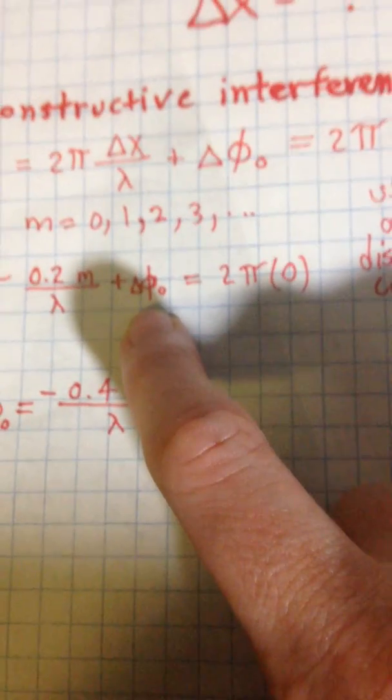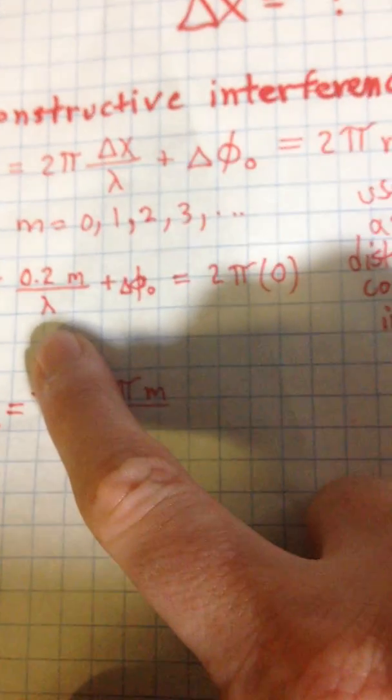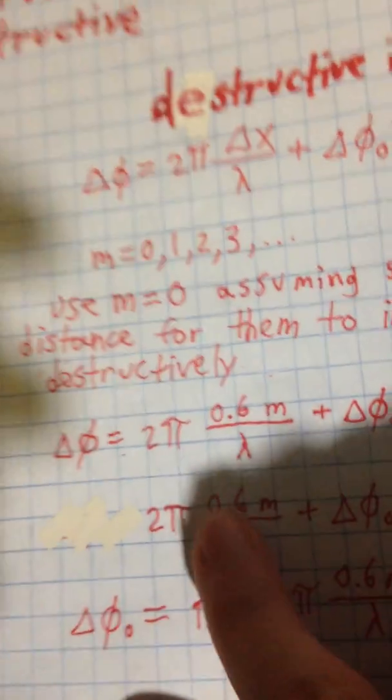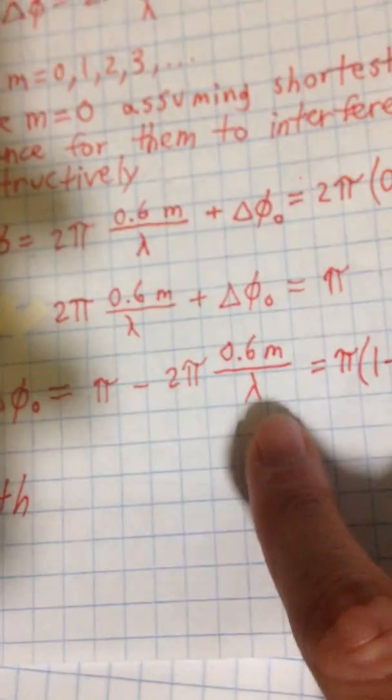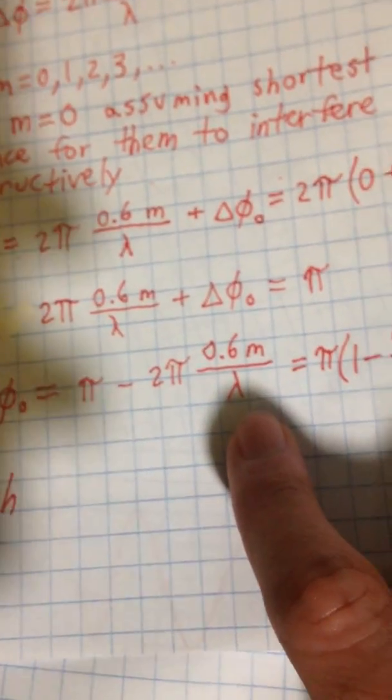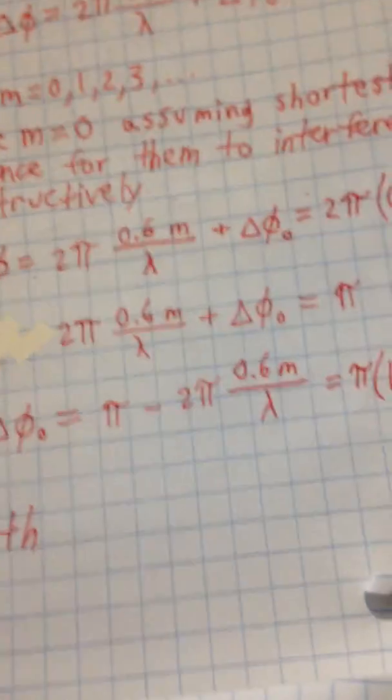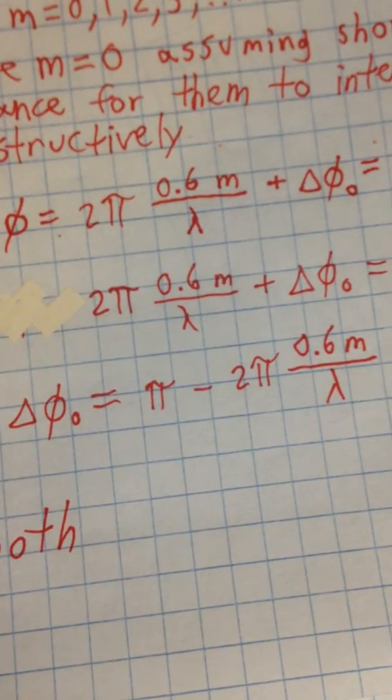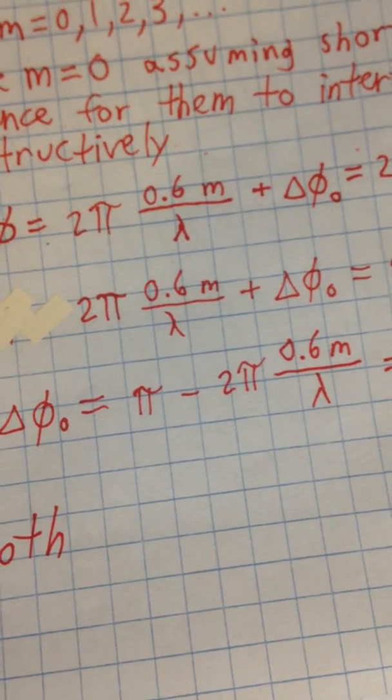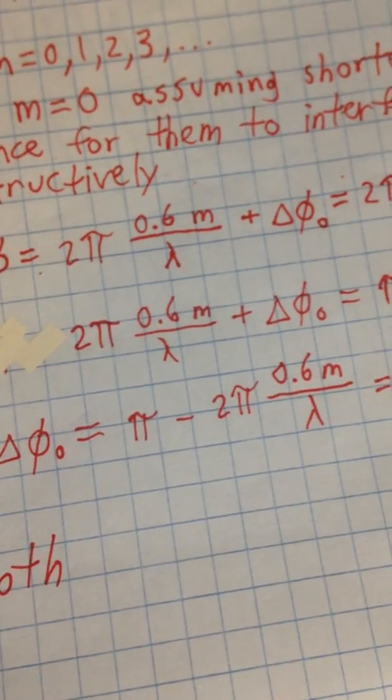We're going to solve for phi naught in terms of lambda. And then with the other one, we're going to also solve for phi naught in terms of lambda. That's the goal here. Because when they both have lambda in the equations and they're both equal to phi naught, we can just set them equal to each other.